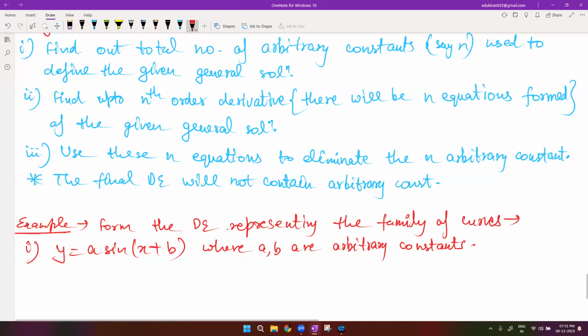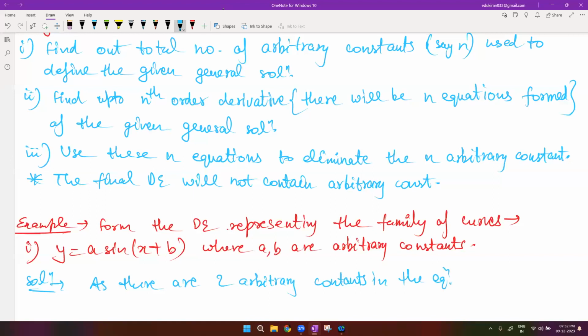We can clearly see that there are two arbitrary constants involved. Find, it implies that find up to second order derivative.